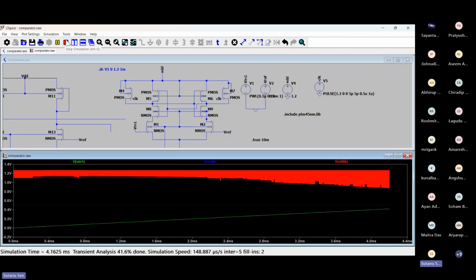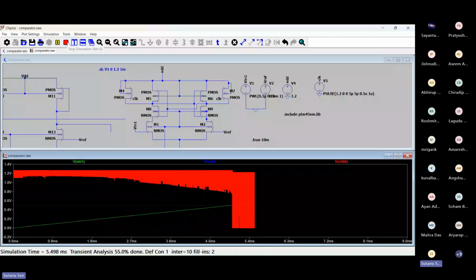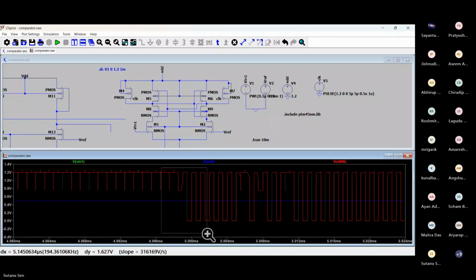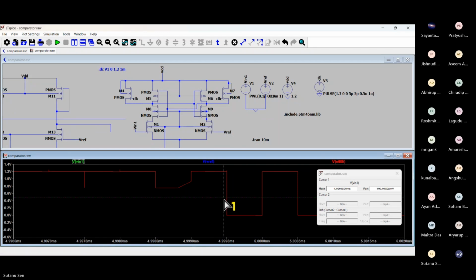I think I can pause now. And now it's going low at around 499.94 millivolts at a lower slope.